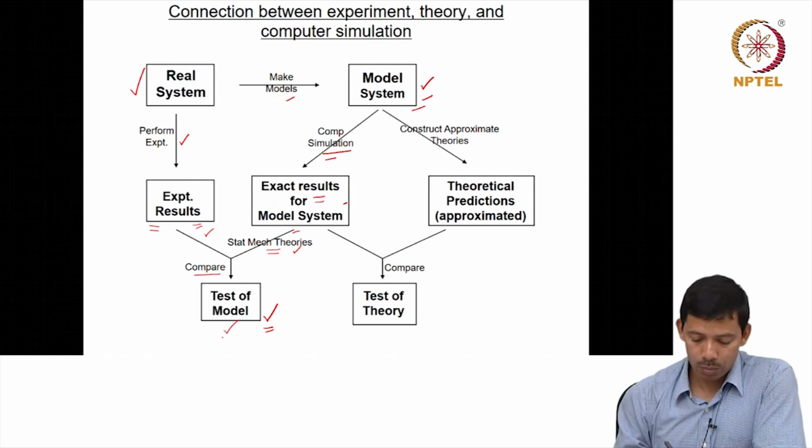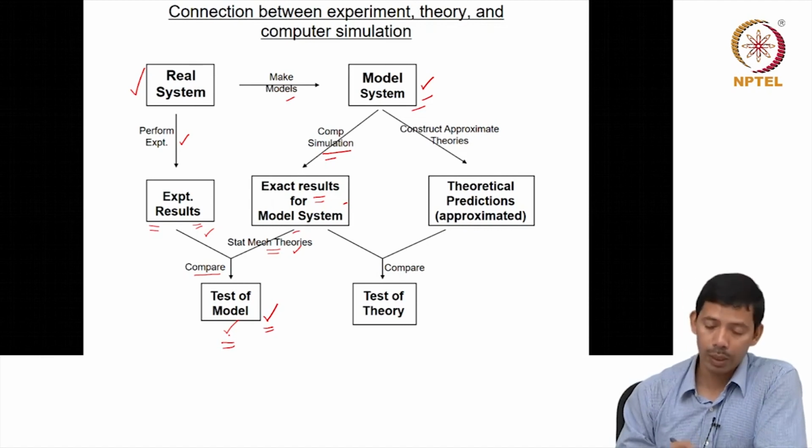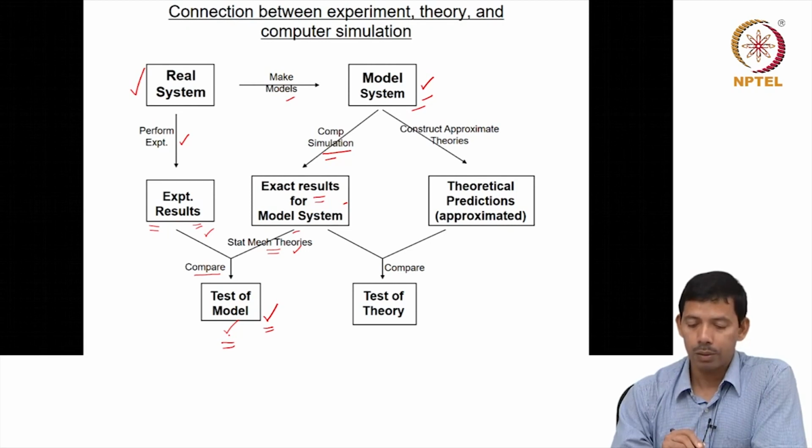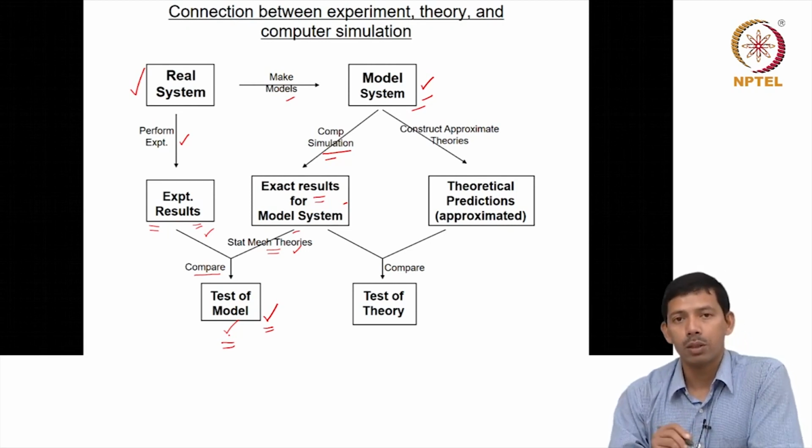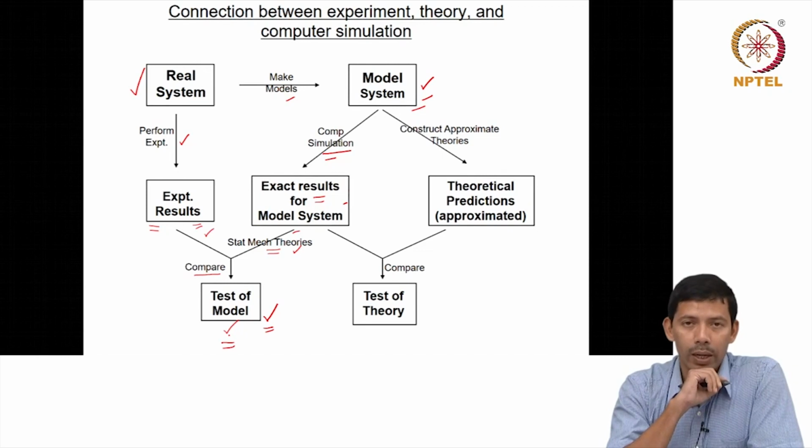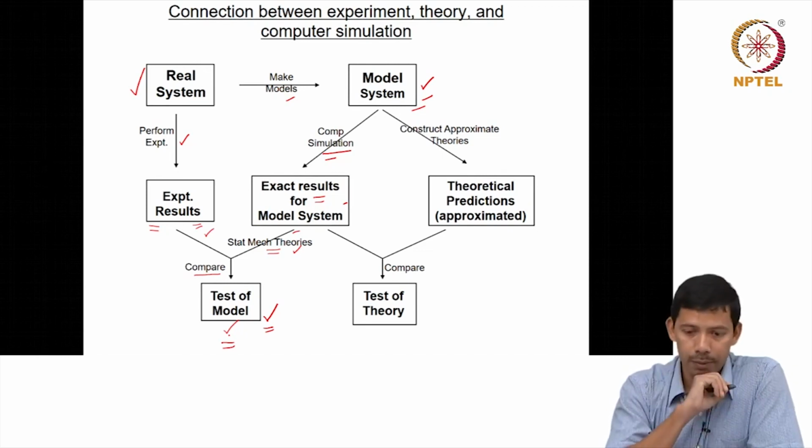So once you get that confidence that my computer simulation was good, you can further go deep inside and obtain more information of the system which were otherwise difficult to obtain experimentally.